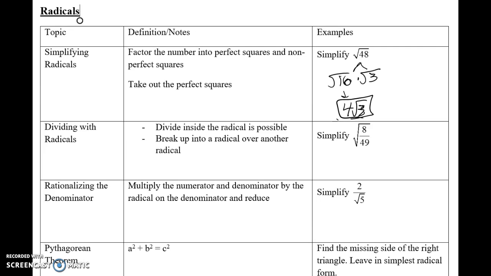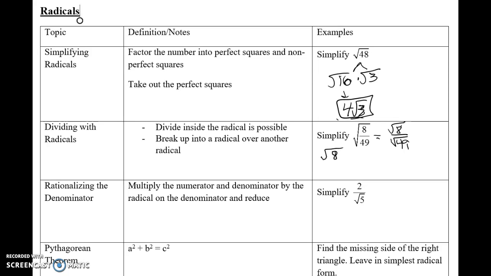Let's look at division. In this division problem, if you can simplify or divide 8 by 49, do so. But we can't, so another suggestion is to make it a radical over another radical. Now can we simplify separately? The square root of 8, you want to simplify like we did above.